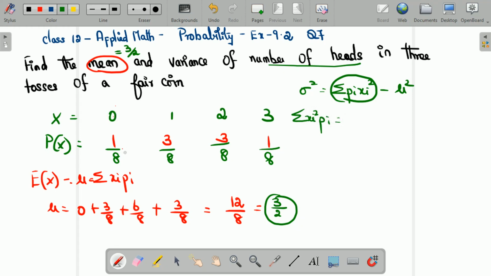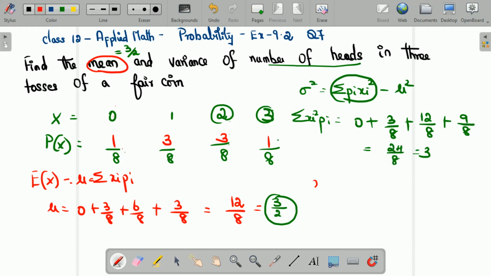So 0 squared into 1 by 8 is again 0. 1 squared into 3 by 8 is 3 by 8, plus 2 squared into 3 by 8. 2 squared is 4, so 4 into 3 is 12, so this will be 12 by 8, plus 3 squared into 1 by 8, which is 9 by 8. If you compute, 12 plus 9 is 21, plus 3 is 24 by 8, which is equal to 3.